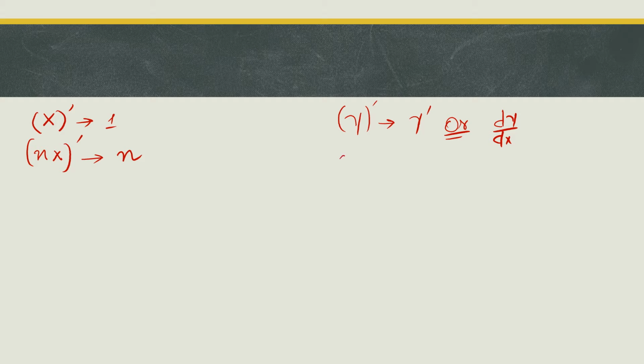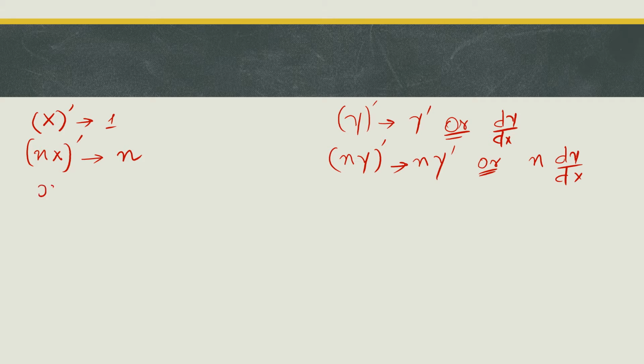But the derivative of ny with respect to x will be n y prime. Or you can write n times dy by dx, but it is more comfortable to write y prime rather than dy by dx.